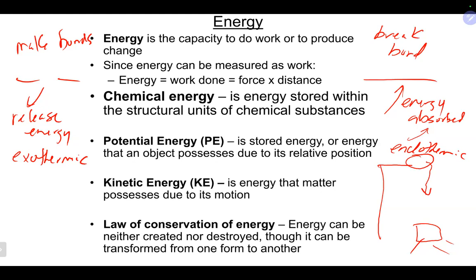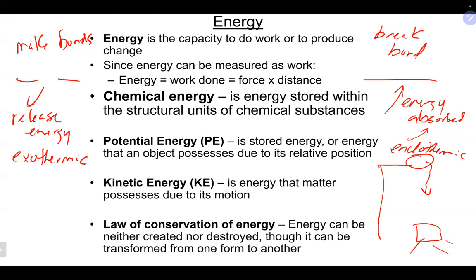So if the system gave off the energy to the surroundings, it's exothermic for the system, endothermic for the surroundings as it picks up all that energy, and vice versa. If the surroundings gave off the energy, it would be exothermic for the surroundings, and the system then would pick up all that energy and it would be endothermic for it.